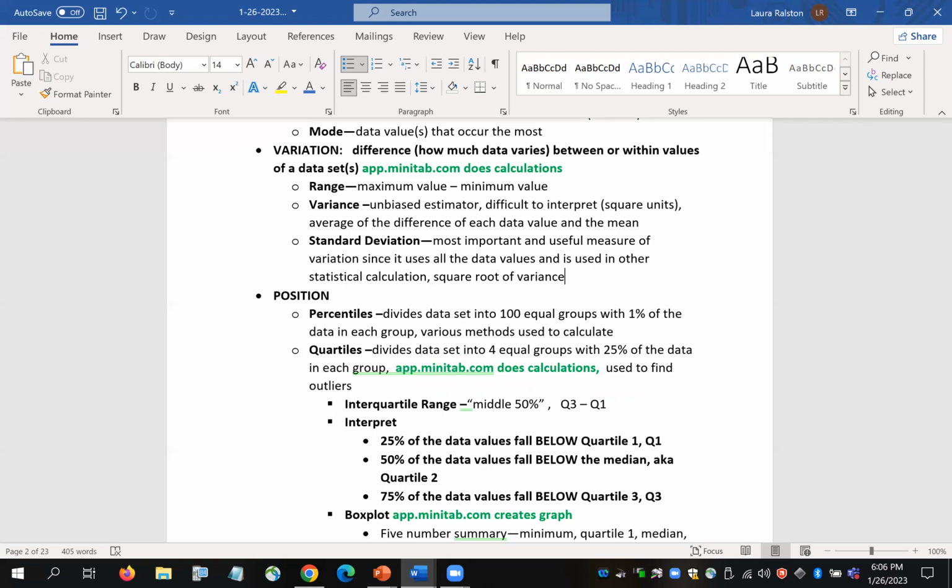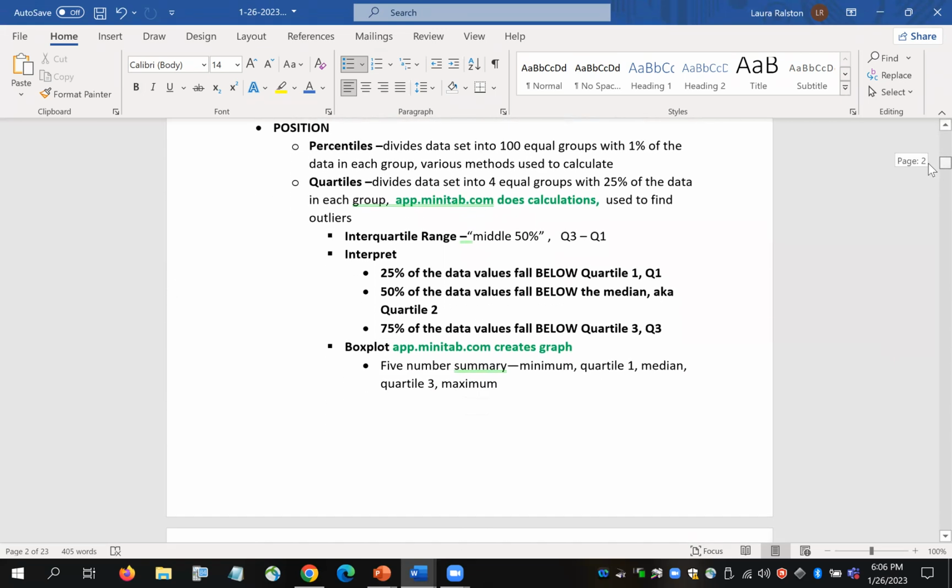There's various ways to calculate percentiles depending upon what assumptions you are willing to make about your data set. So we don't actually calculate the percentiles. Quartiles, however, we do calculate using Minitab, and it divides your data into 4 equal size groups with 25% of the data in each group.